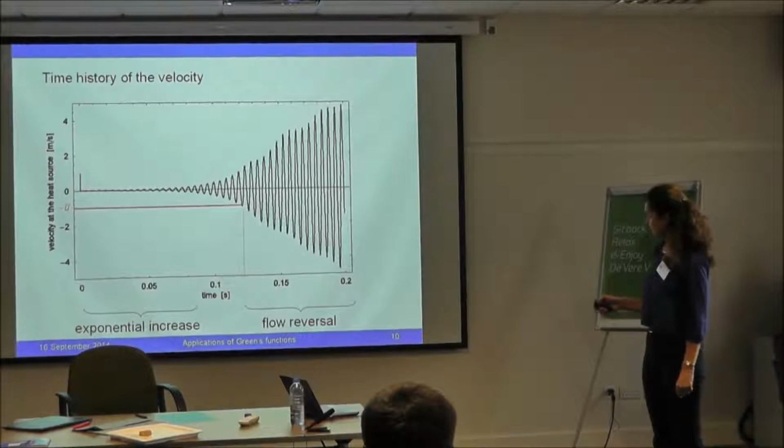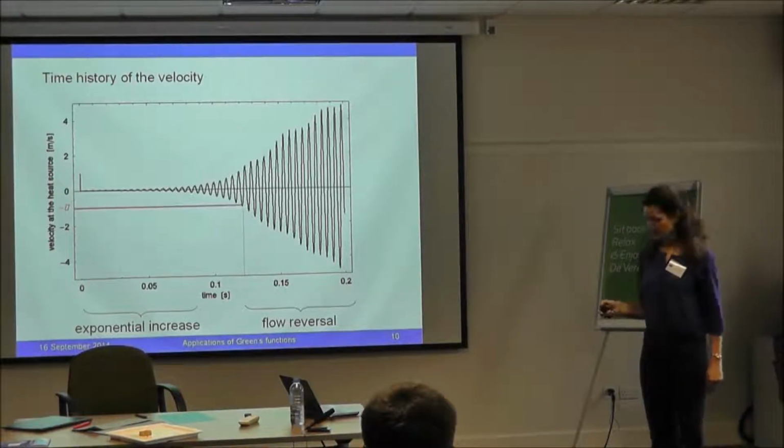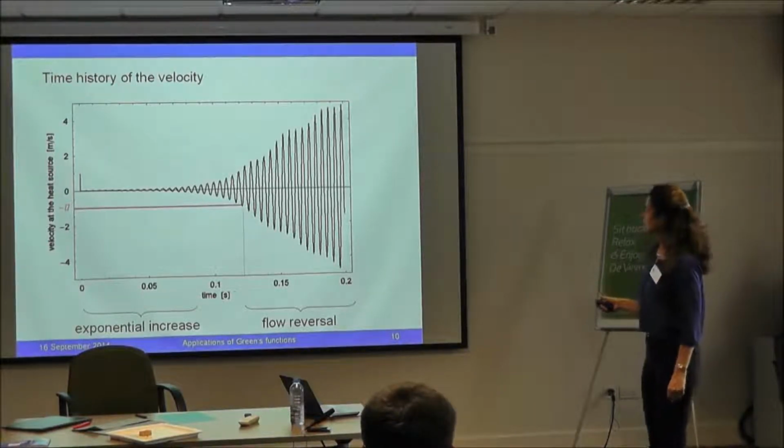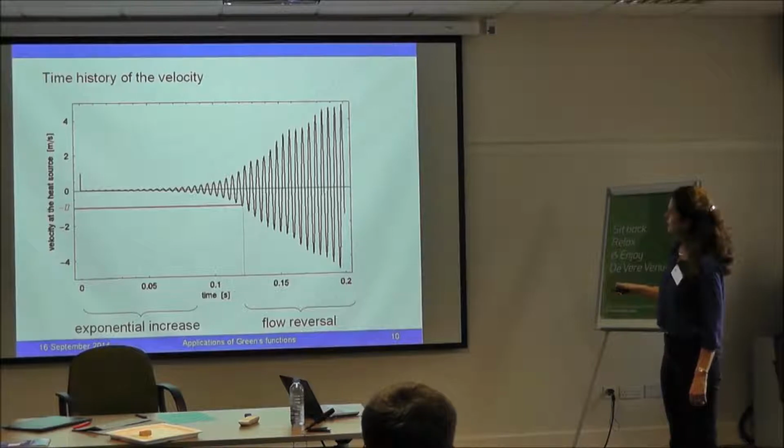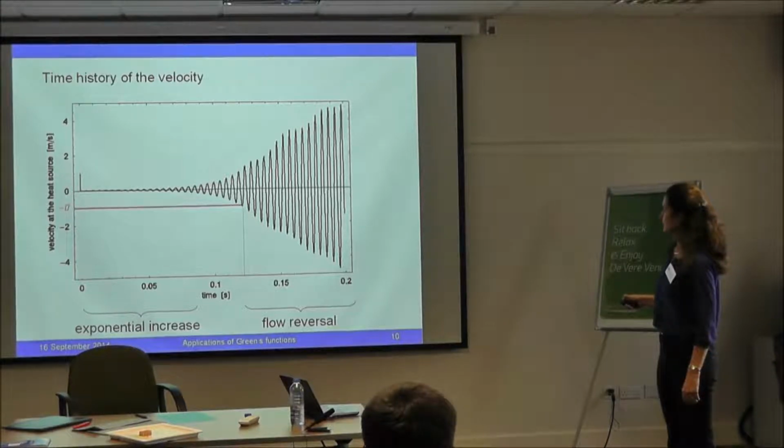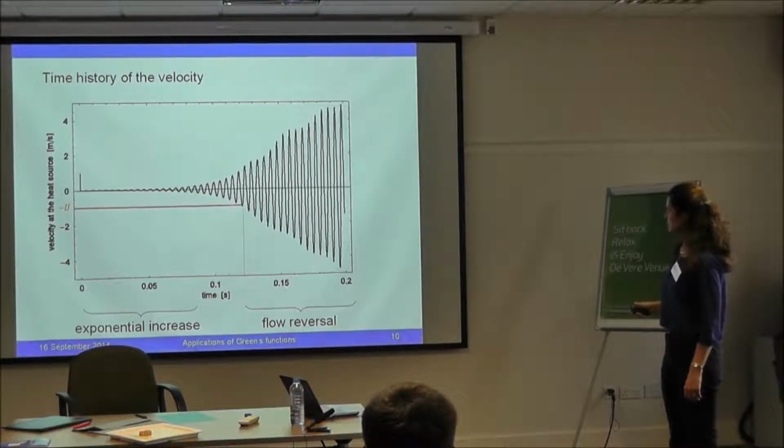And the picture that you get from the iteration that I've just described is this. That's the time history of the velocity. Here we have time, and here we have the velocity at the heat source. And here we have an exponential increase of our acoustic velocity, which goes on until about here.